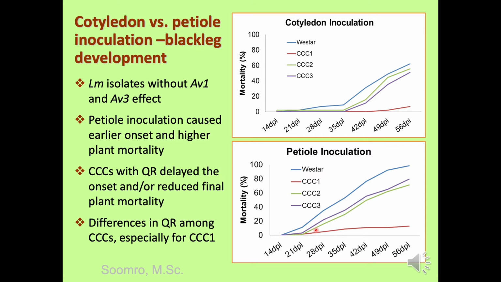So it seems that using cotyledon or petiole inoculation, we would be able to differentiate different levels of quantitative resistance among canola varieties.